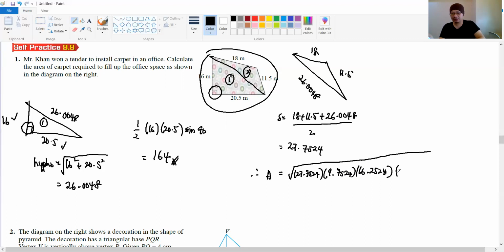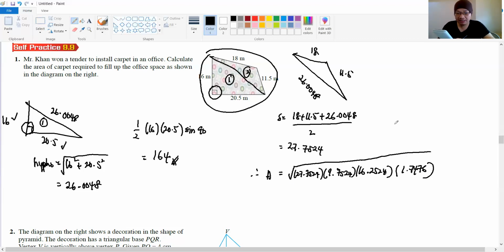And the last one, minus 26.0048, we get 1.7476.